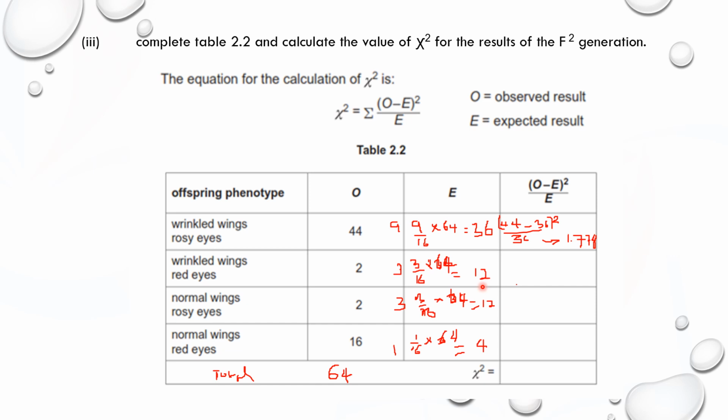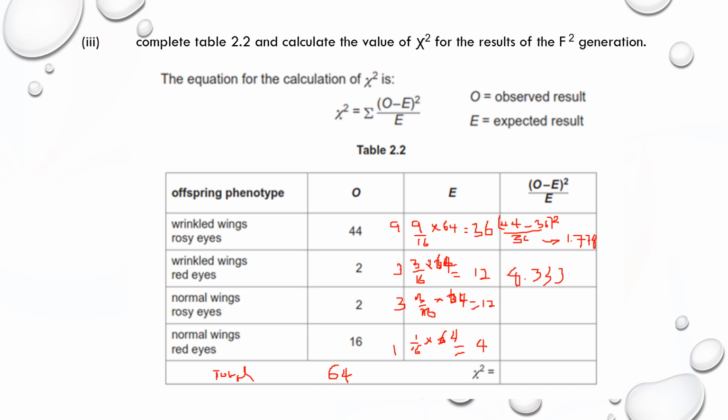We are dividing everything by 12. So that gives you 8.333. All right, let's go to the next one.